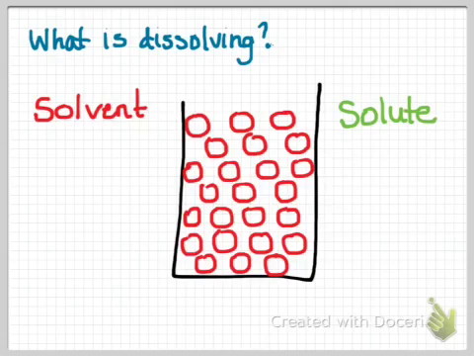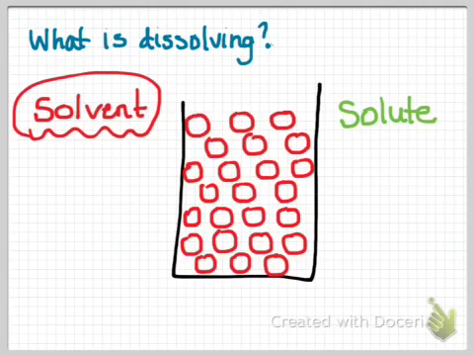So first off, what is dissolving? Well, we know that a solution is created by dissolving. And in a solution, they need to have something called a solvent, which does the dissolving. So here are the red particles, and that's the solvent. In a liquid solution, the solvent would be the liquid.